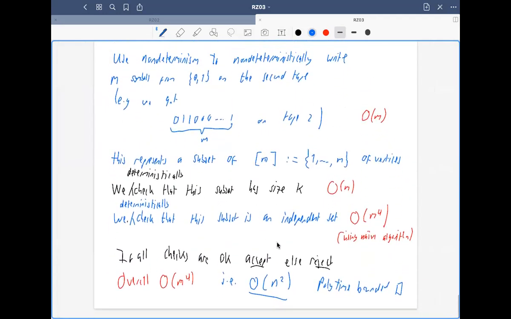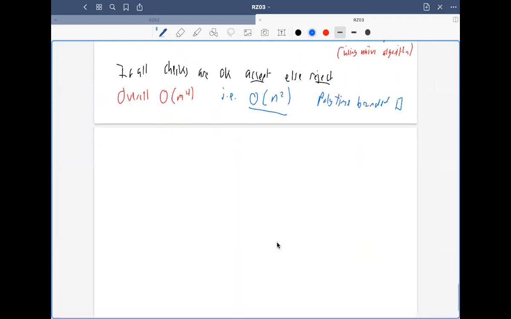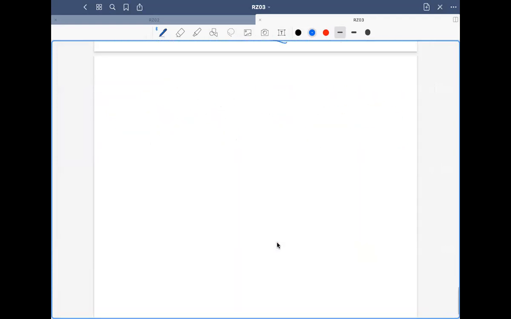Right, so that's the independent set example. Before going on to the other examples, the non-deterministic algorithm we found for that example was of a very particular kind. It was somehow guess the information we want and then verify that it is correct.